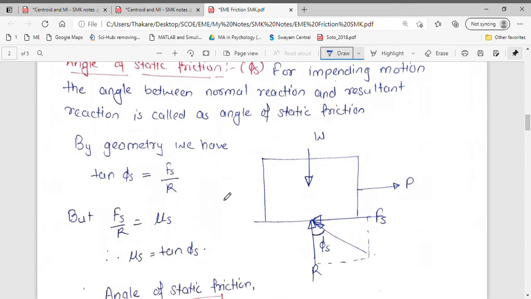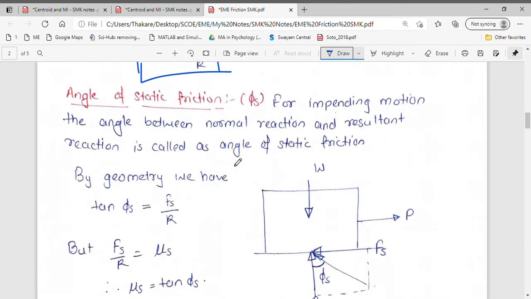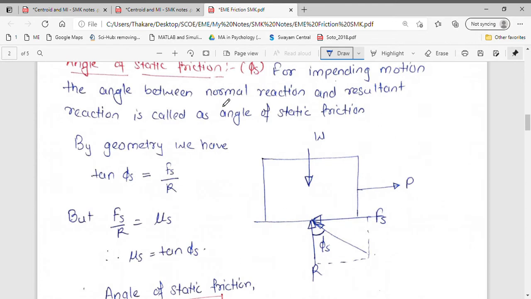Then we have the angle of static friction. The angle of static friction is, for an impending motion, the angle between the normal reaction and the resultant reaction. There are two forces, one is the normal reaction developed and one is the horizontal frictional force.